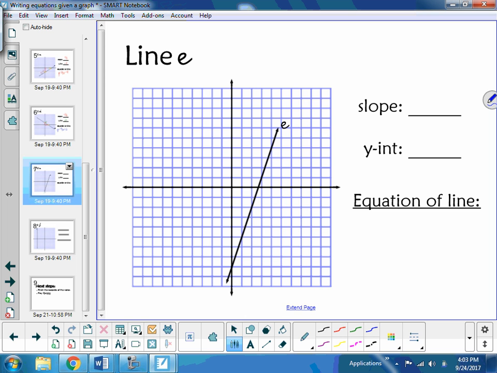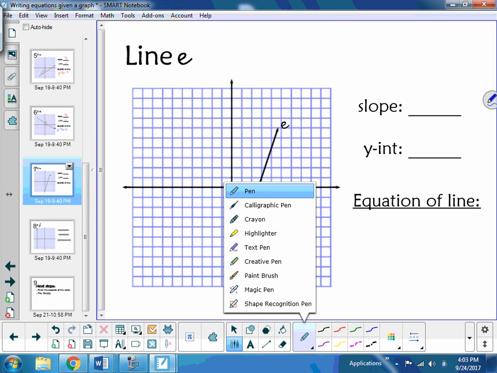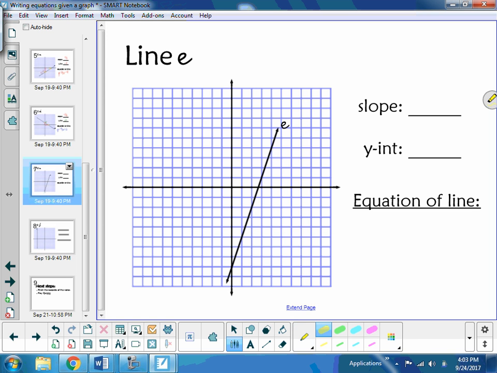All right, go ahead and find your good points. I like those two. Okay, think about this. What kind of slope is it going to be? Positive, negative, or 0? This one should be a positive slope. So rising 3, running 1.